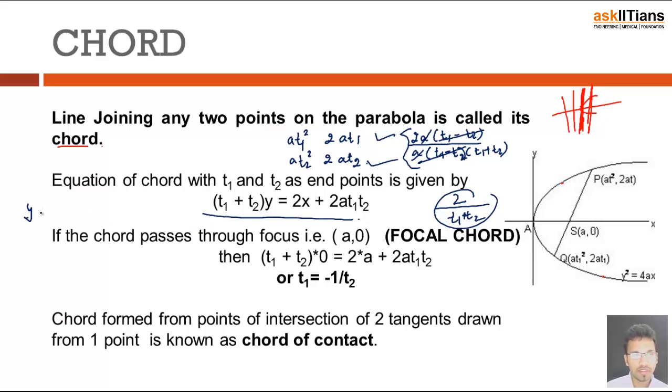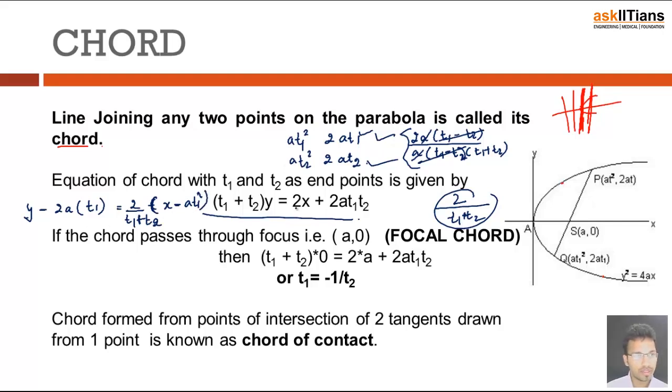If I simplify it for you, taking this point, y minus 2at1 will be equal to the slope, 2 upon t1 plus t2, into x minus at1 square.